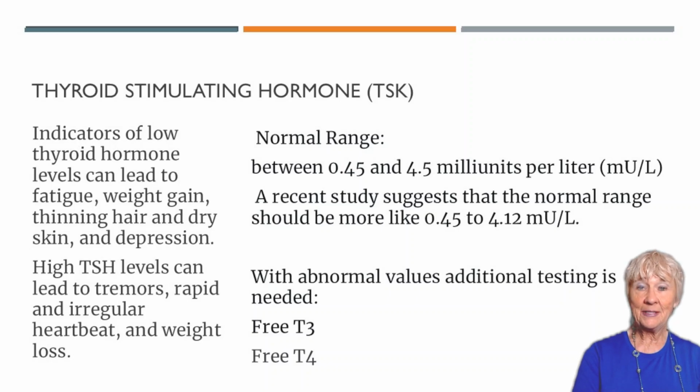Now, if this TSH value is elevated or abnormal in some way, they can also test something called free T4 and T3. I can say it, free T3. These are other thyroid markers that confirm or deny that you actually have a thyroid problem.